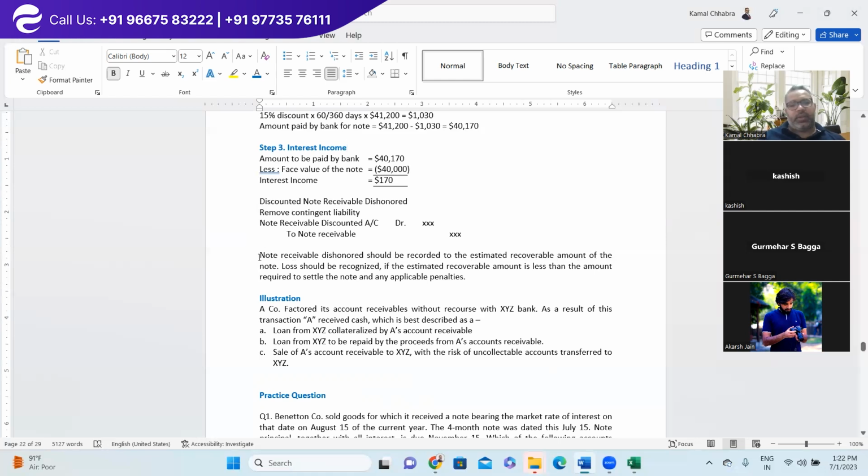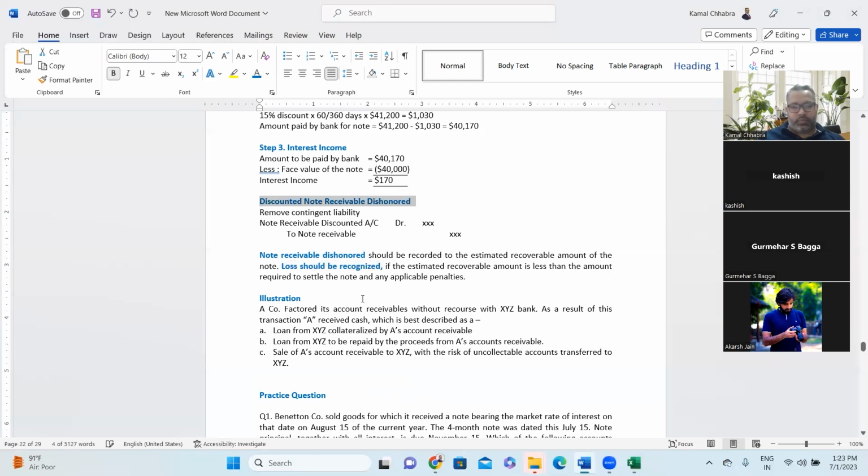So if there is any dishonor of the note, whatever is the difference, you need to book that loss immediately. Right? Any doubt here?